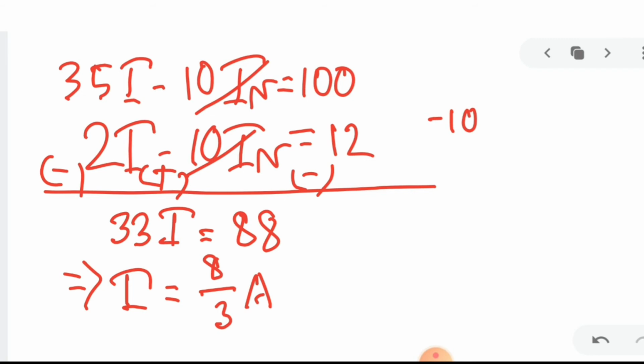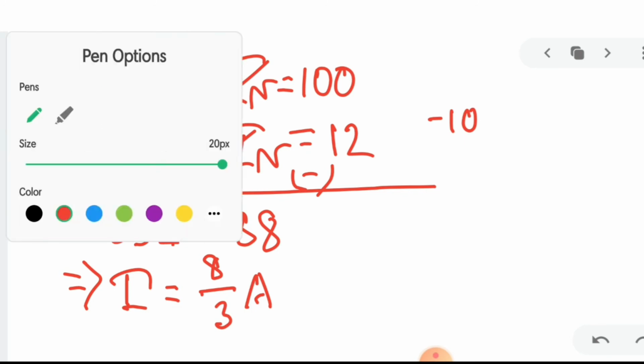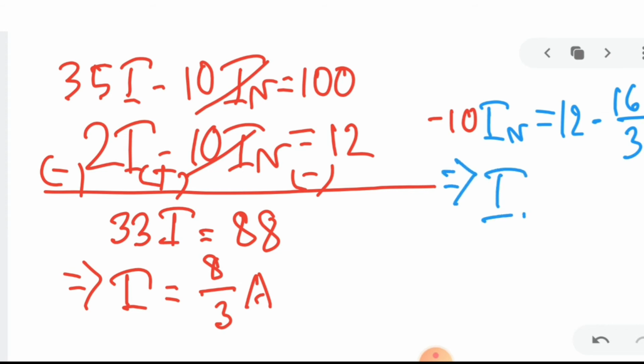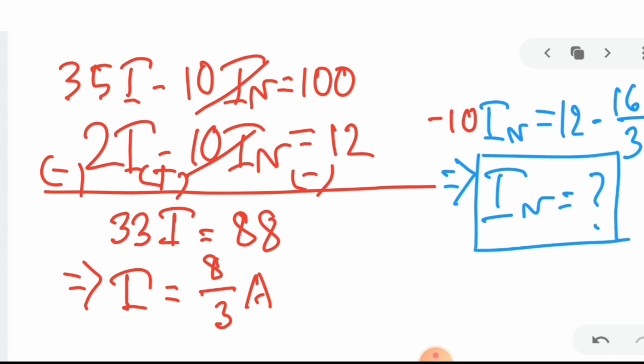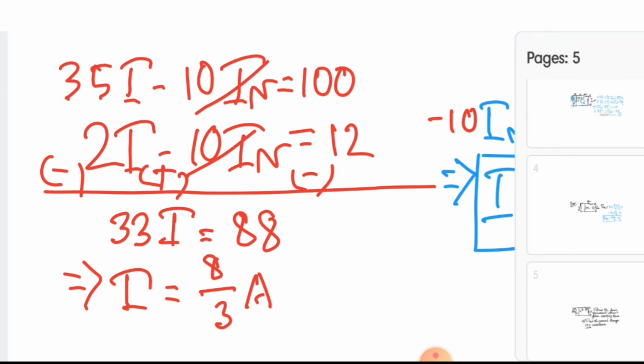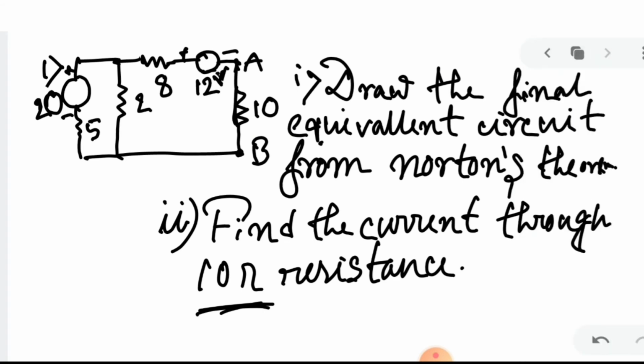We put the value of I in this equation. 10IN equals 12 minus 16 by 3. So you can calculate the IN. I am not calculating it; you can calculate the IN. So you understand the process of calculating the IN.